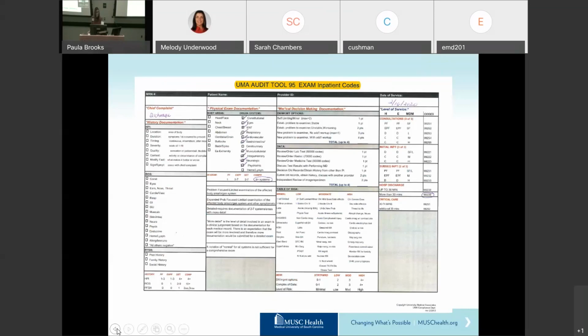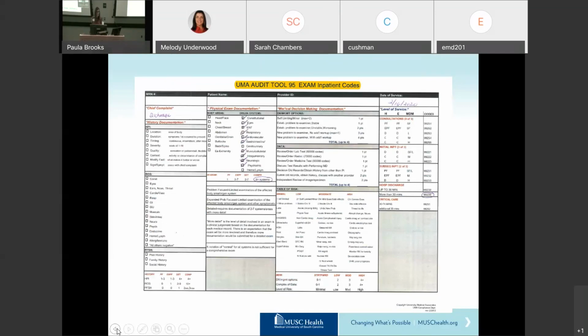Also, I want to point out that that was a discharge summary that we were looking at. We do not usually use the discharge summary to bill from unless they do a face-to-face exam on that discharge summary.